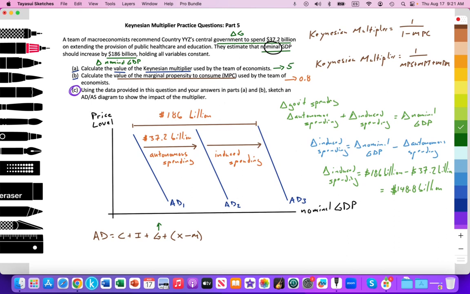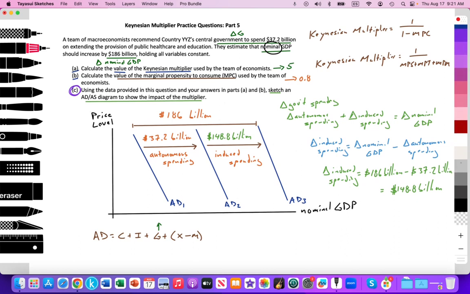So I'm going to add that here in my question. So here we have the induced spending being valued at $148.8 billion. And there I've fully illustrated this model. The question asked to sketch an AD-AS diagram to show the impact of the multiplier. So I have done that.